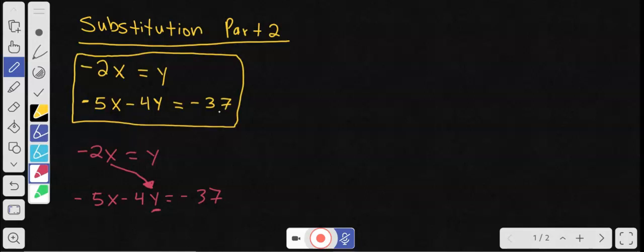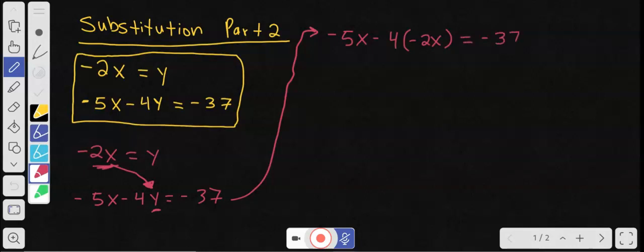So how does that look? Let's show it over here. Negative 5x minus 4, I open up parentheses and instead of writing y here, I put negative 2x. You see? Just like here. And then I write the rest of the problem as normal.